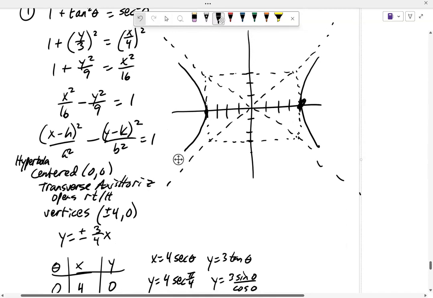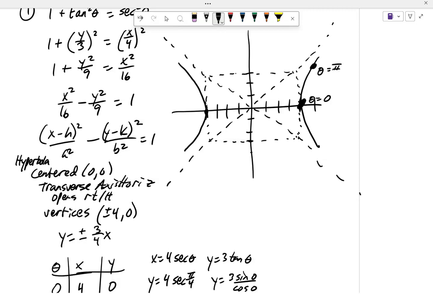So I'm starting here. This is for theta being 0. I have 4, 0. When theta is pi fourths, I got 5.6, 3. So about right there. That's for theta being pi fourths.